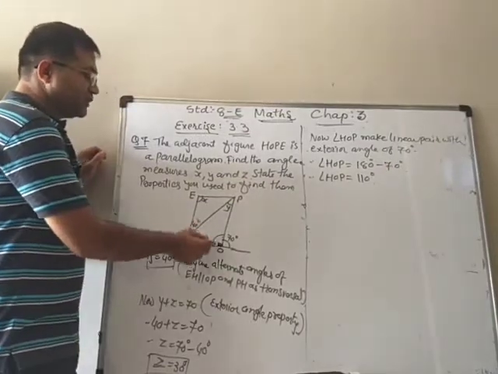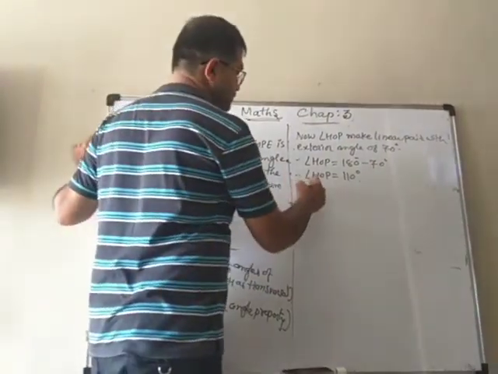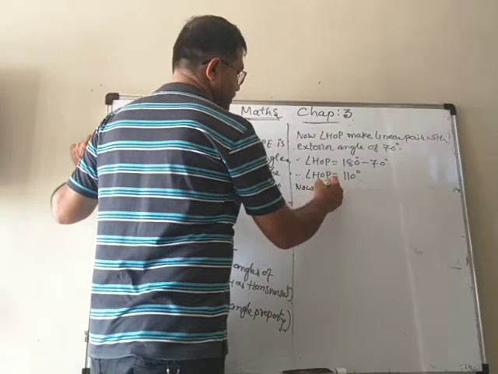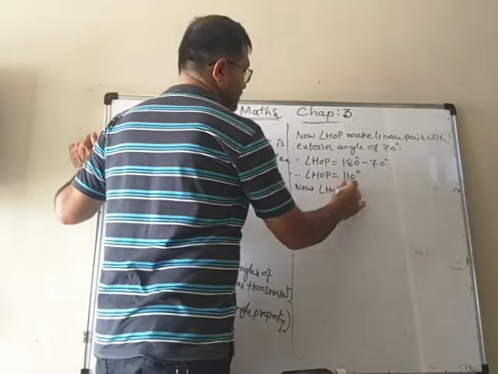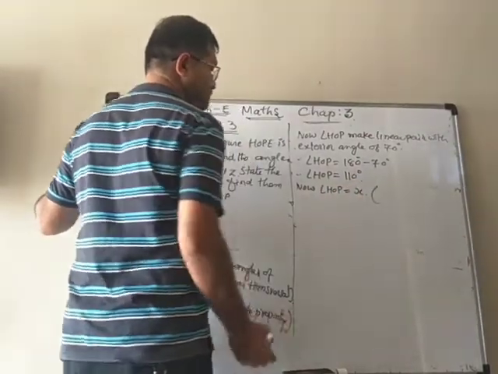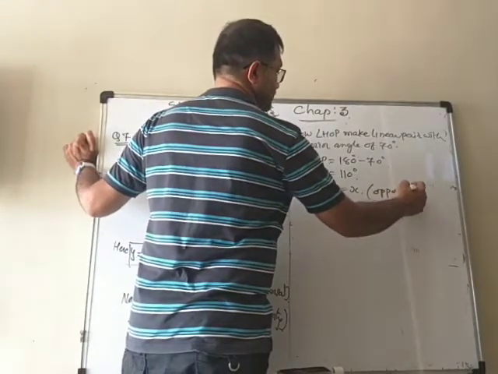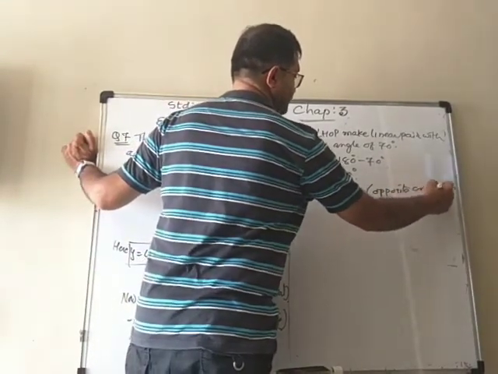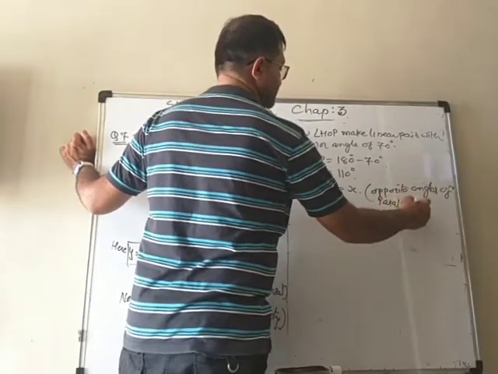Now we know that opposite angles of a parallelogram are equal. Now angle HOP is equal to X. Why? Opposite angles of parallelogram.